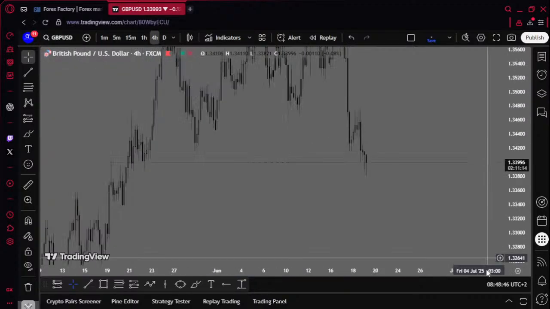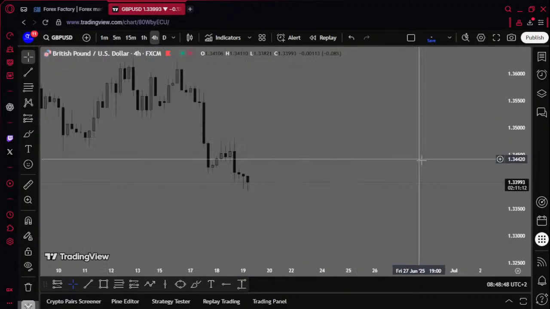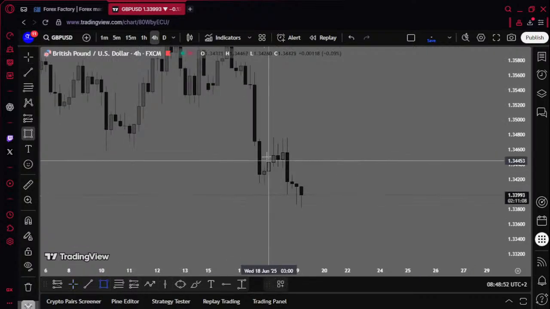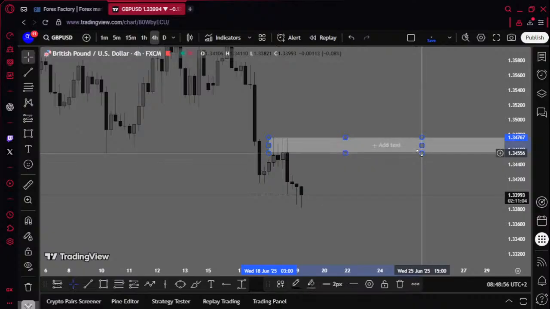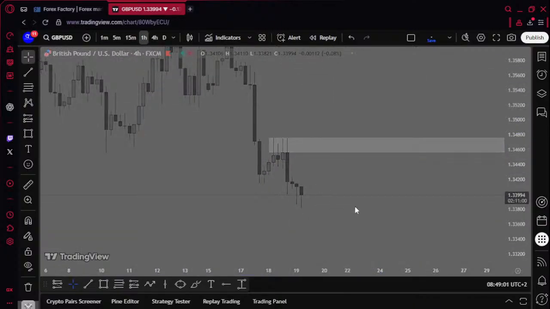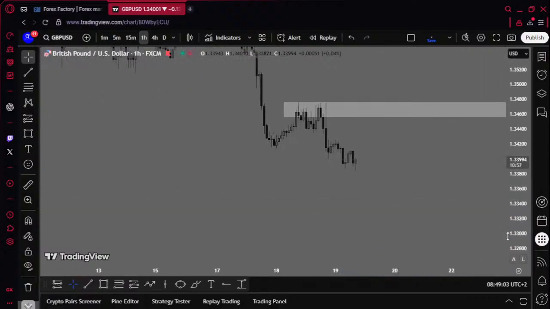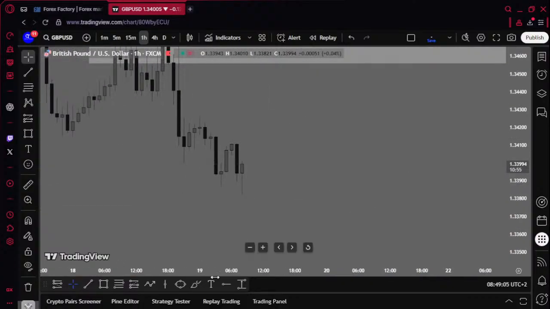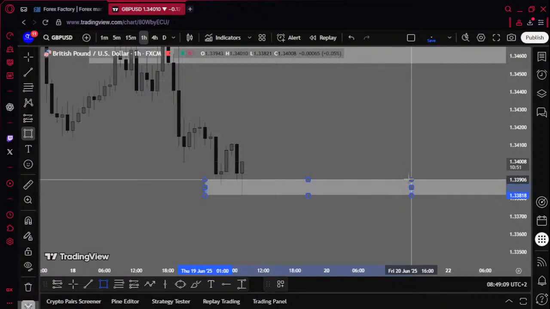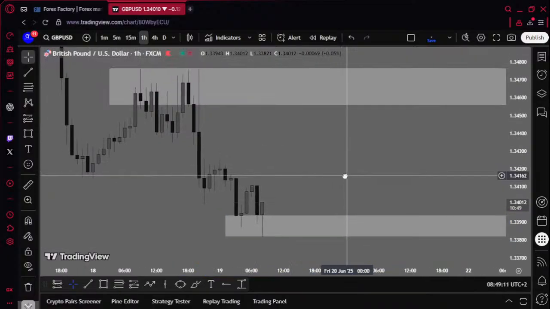Okay, so let's do my analysis. Right, so continuing the trend of yesterday, we're still bearish. Created new lows throughout Asian session. And yeah, it doesn't seem like this trend is going to stop anytime soon.